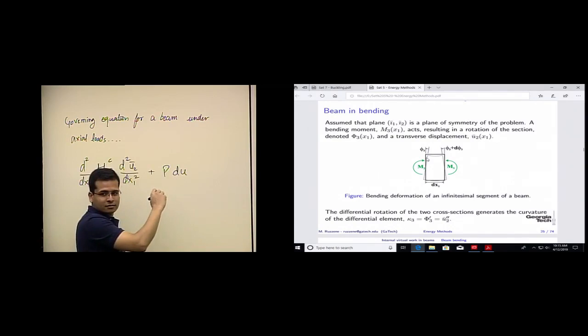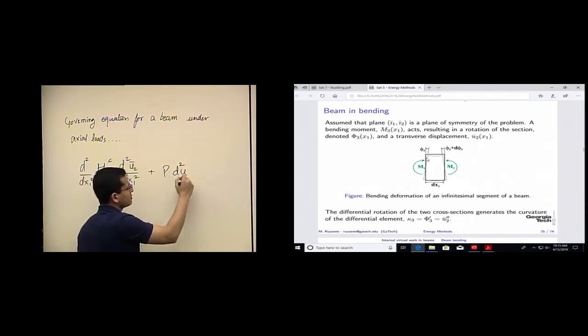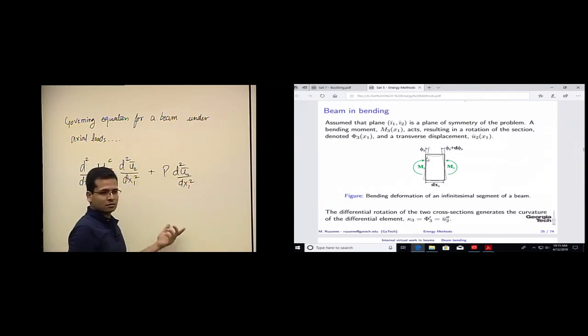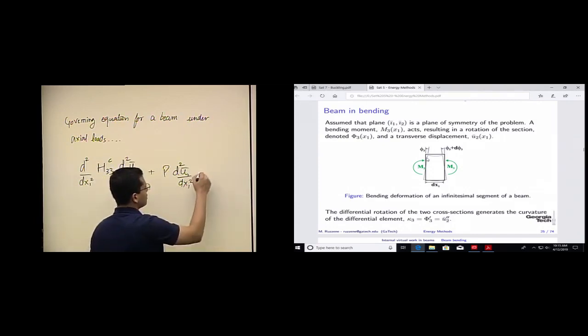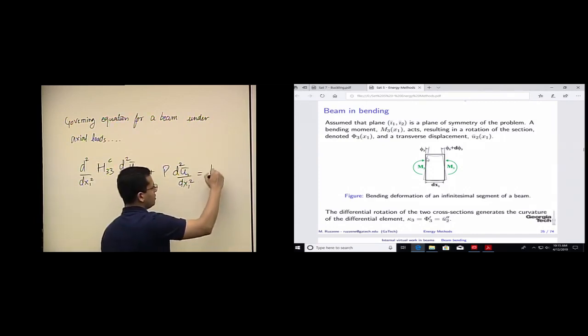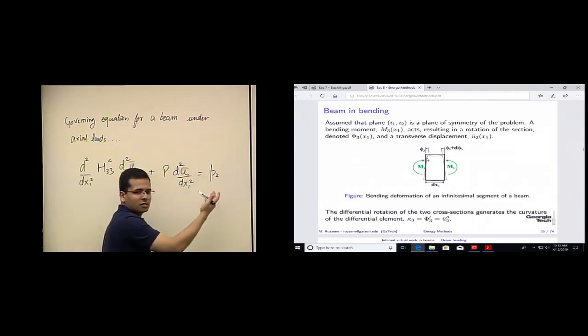So the contribution of axial force will enter the differential equation with the second order derivative with respect to the transverse deflection, is equal to P2 if present.